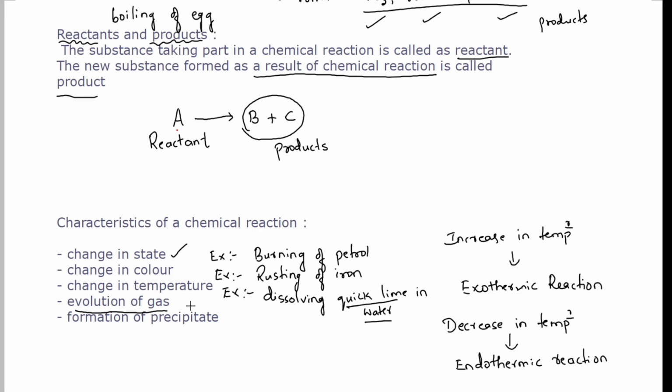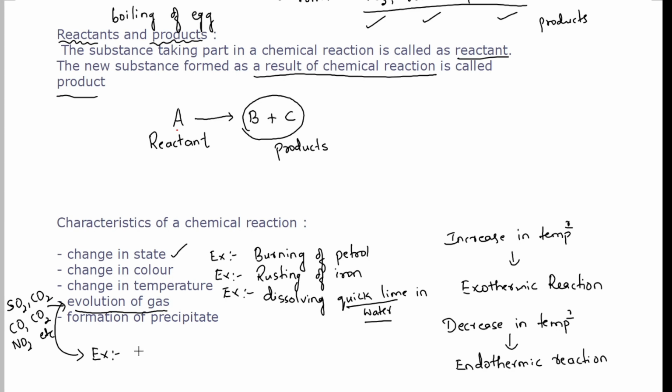And also in some chemical reactions you will observe that there is evolution of gases like sulfur dioxide, carbon monoxide, carbon dioxide, nitrogen dioxide, etc. The example for evolution of gas is when the metal zinc is added to hydrochloric acid solution.